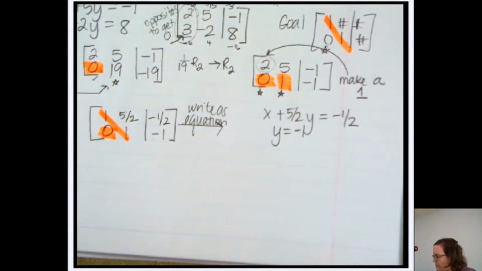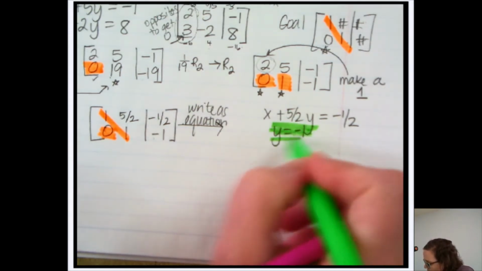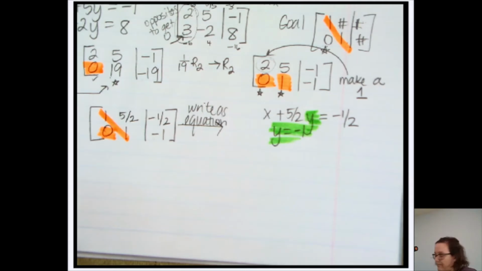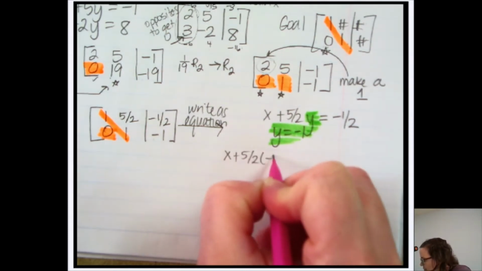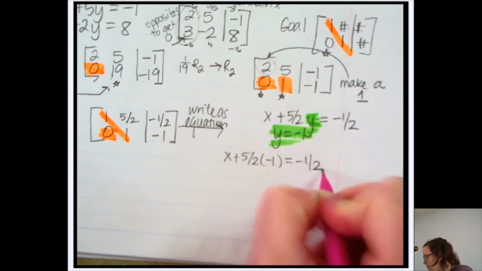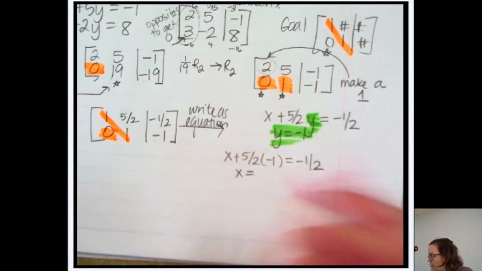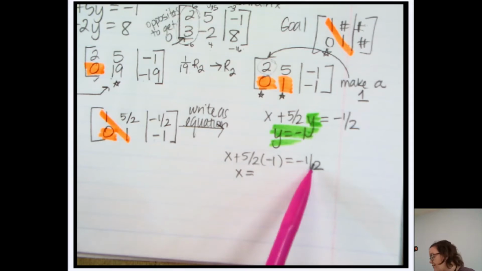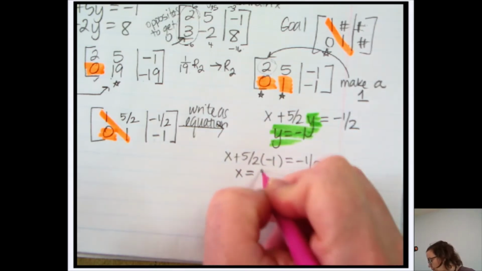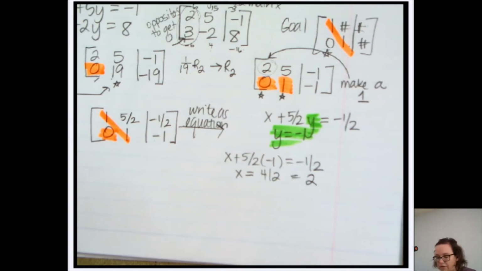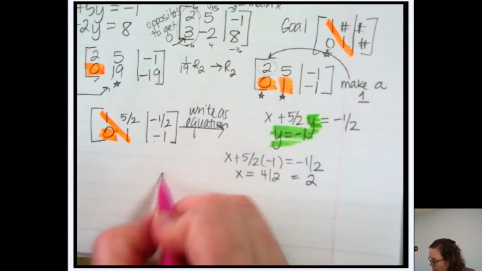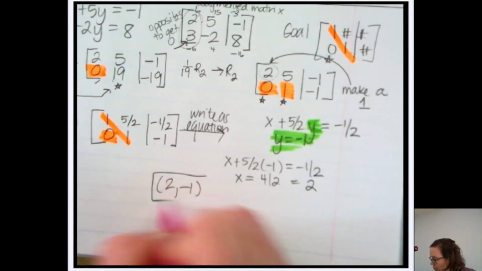Now that we know what y is, we can put it up here for y. So we have x plus 5/2 times -1 equals -1/2. So this is -5/2, so I actually add 5/2 to -1/2. I get 4/2, which is 2. So my answer is 2, -1.